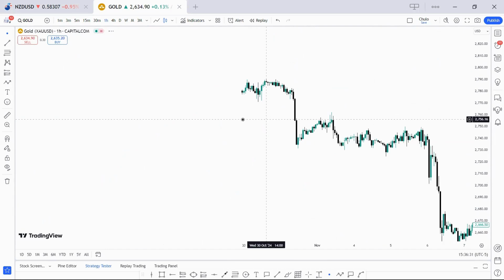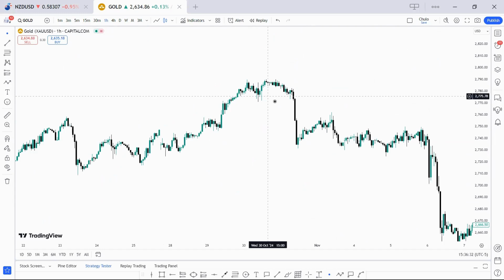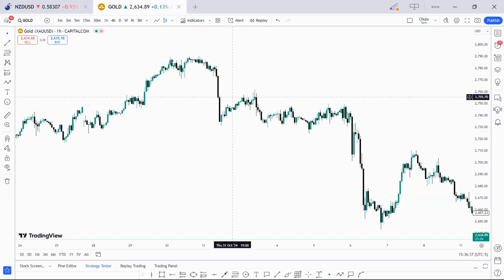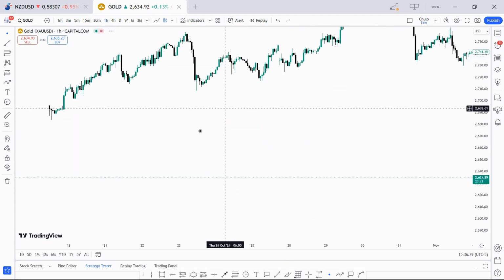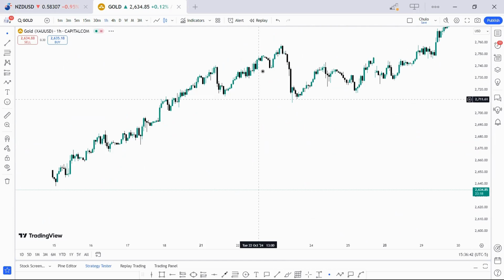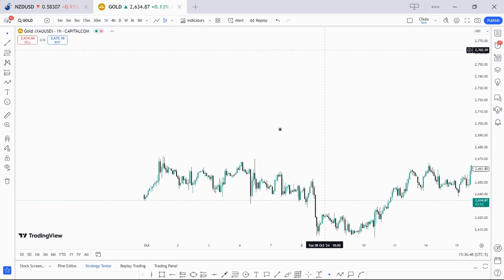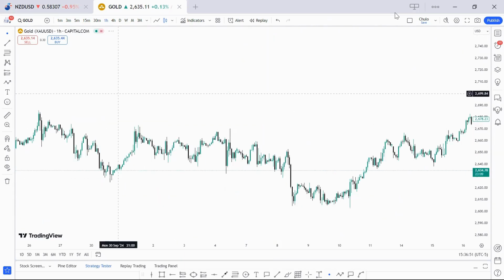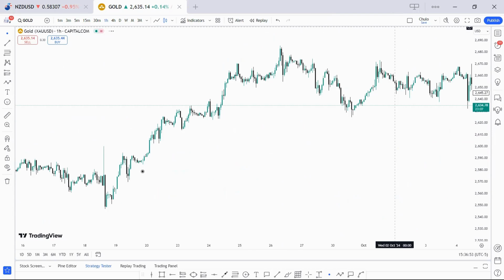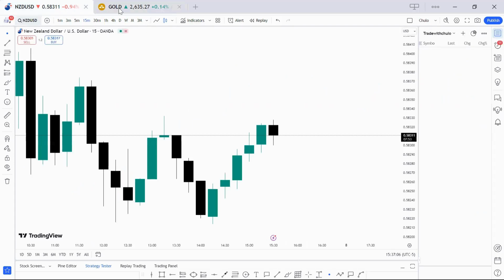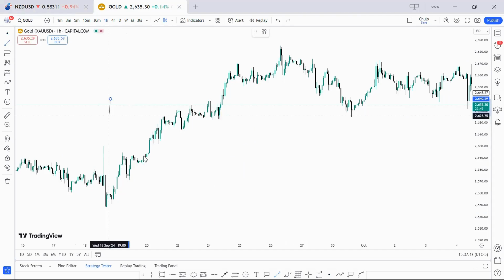Let's look for a bearish change of character. Give a very good example. I'm just seeing a bearish wave. Let's see. Okay, I think I've seen one here.